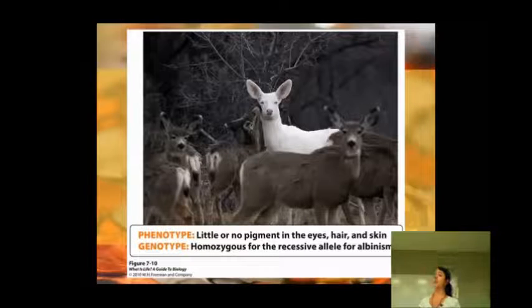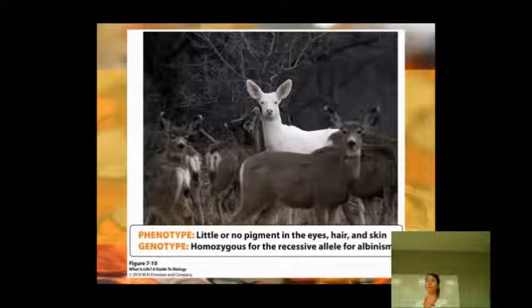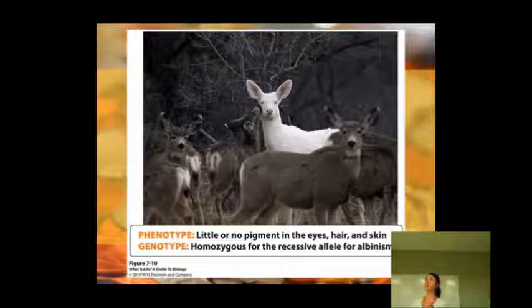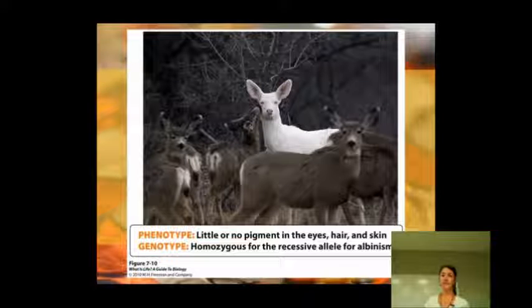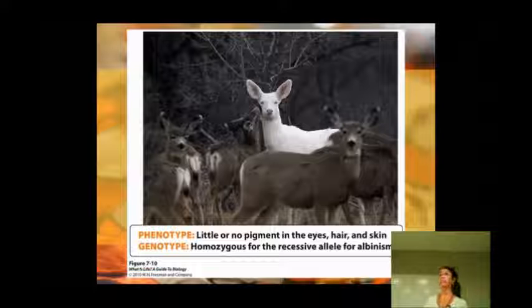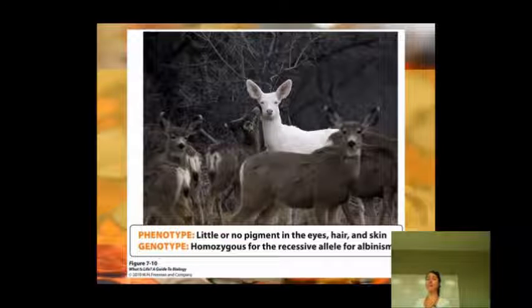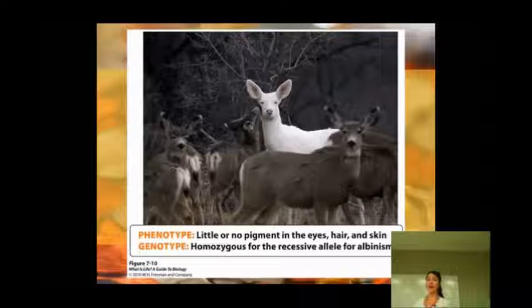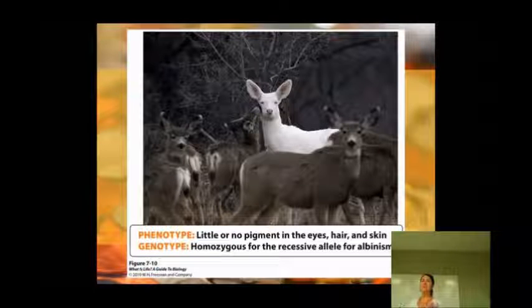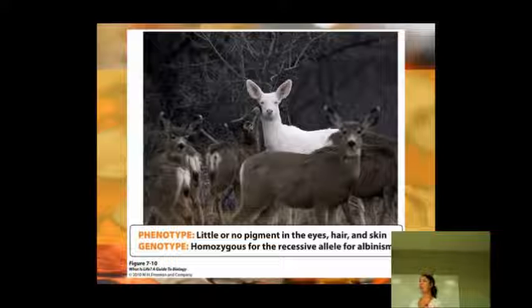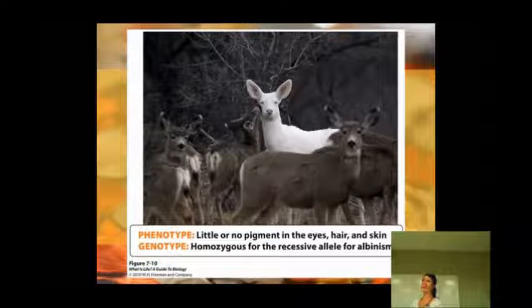So if you've ever seen an albino of any type of species, the albino is when you have no pigment to the eyes, the hair, or the skin color. And it's not very common to happen in nature because it's not a characteristic that helps you to survive.